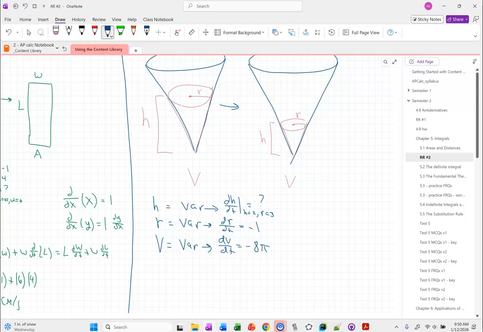This is what I'm checking to see if I need to eliminate a variable. If I'm just looking for one rate variable, I'm good to go. There's no elimination of variables needed because I have the volume rate, the radius rate, and I'm looking for the height rate. I can find one missing thing. That'll be fine. Everybody good?